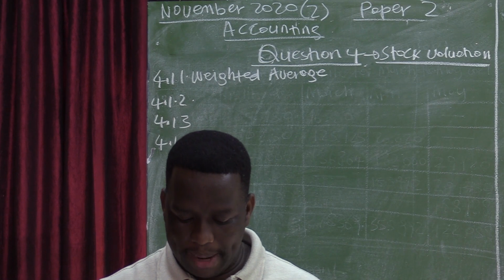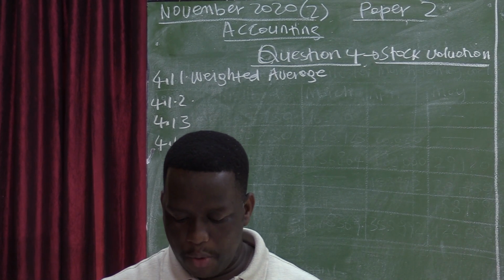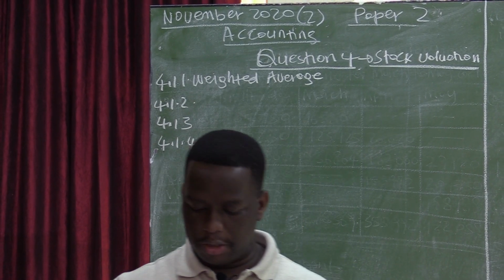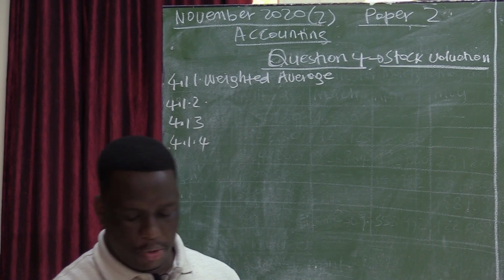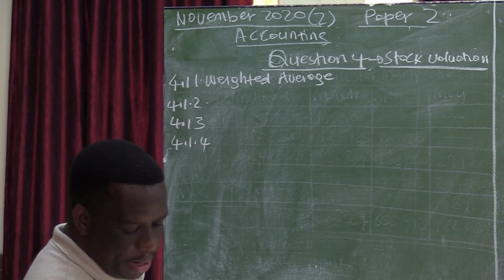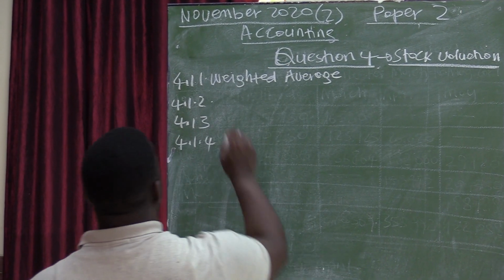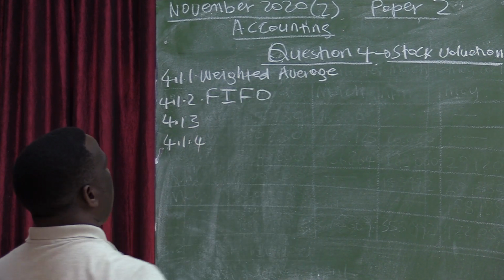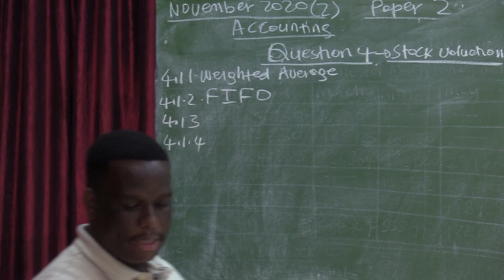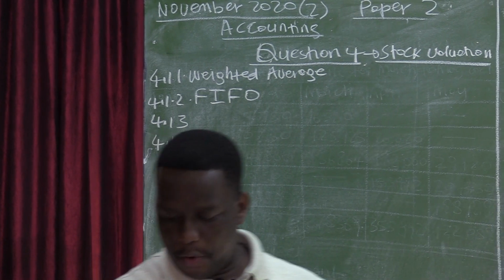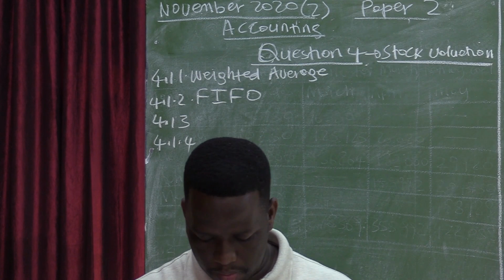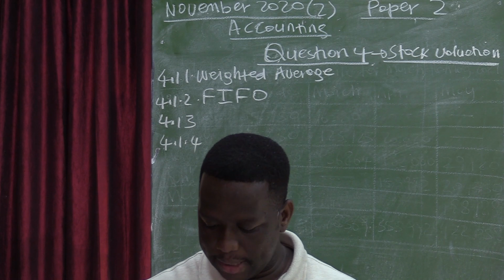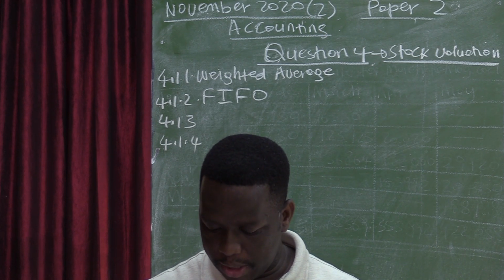4.1.2, the closing stock balance is recorded at the most recent price paid. That is first in, first out. We are looking at FIFO, first in, first out. 4.1.3, the individual stock items are valued at the cost price on the purchase invoice.